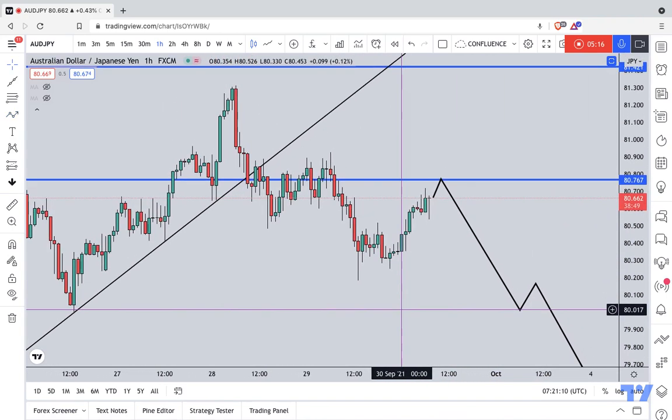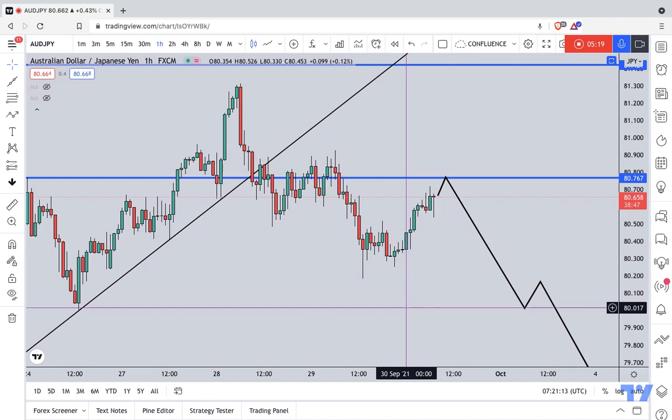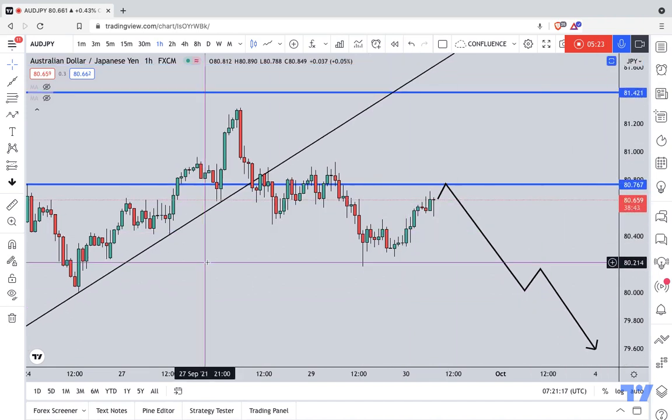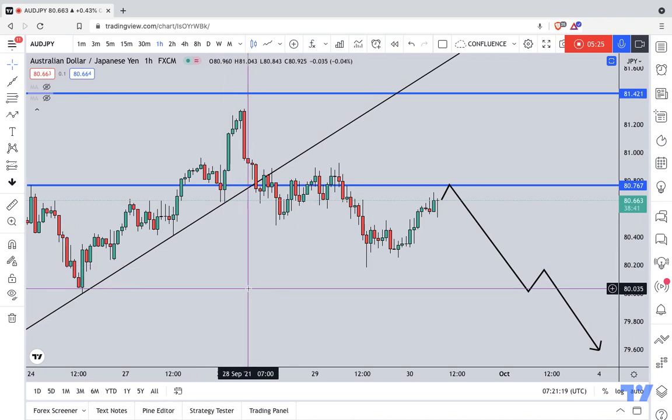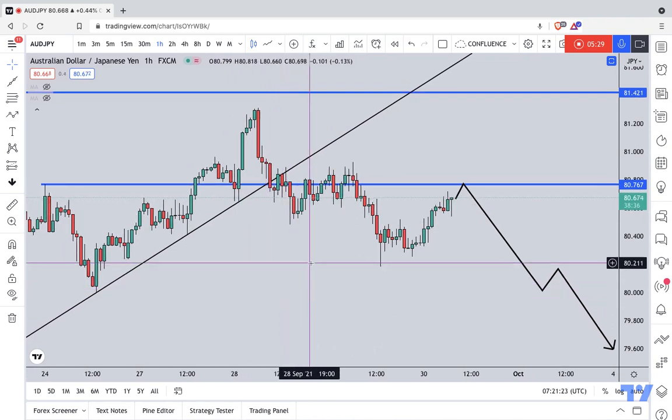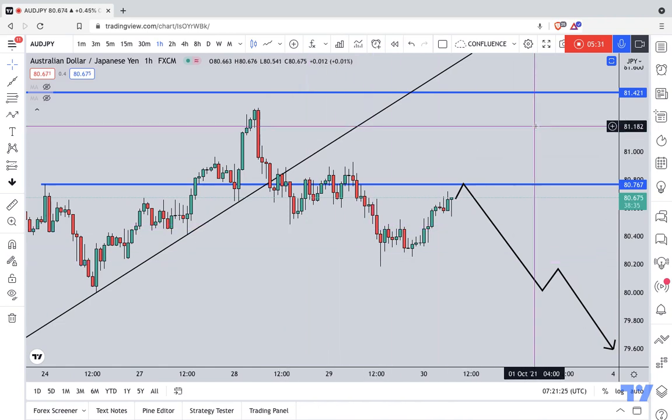So we could be looking at something like this on the Australian dollar Japanese yen. So just keep your tabs on this, and yes, this is the video on this pair, and see you guys in the next video.